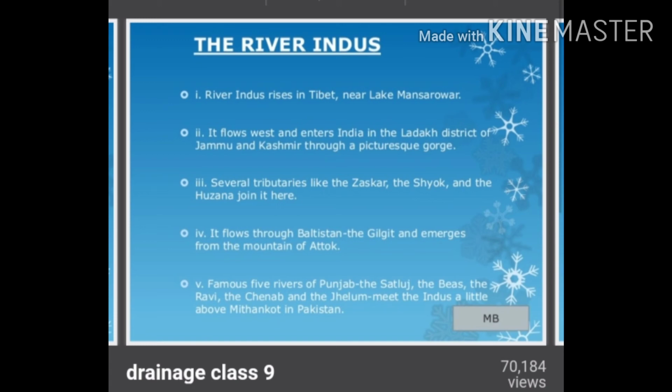It flows west and enters India from the Ladakh district. Several tributaries like Zaskar, Shyok and Nubra join it there, and it flows through Baltistan and Gilgit. Moreover, the famous five rivers of Punjab, the Satluj, Beas, Ravi, Chenab and Jhelum, meet the Indus a little above Mithankot in Pakistan.